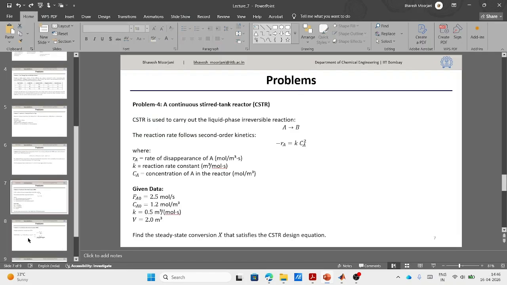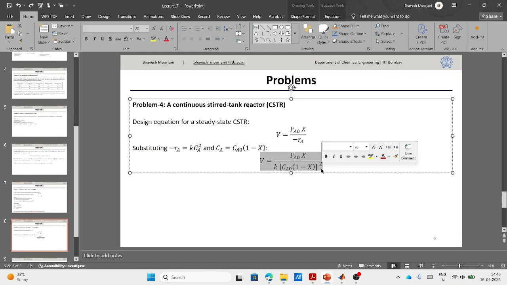Okay. Now I have to define the CSTR equation which follows this part.